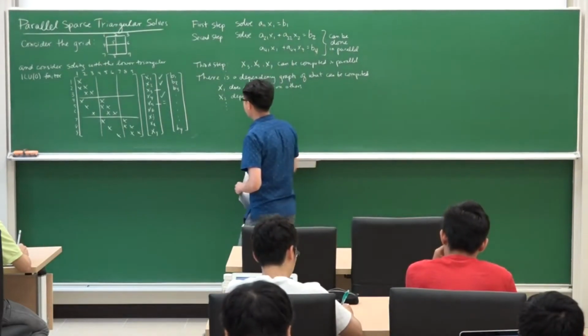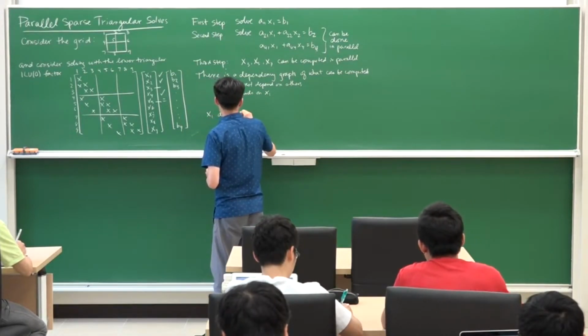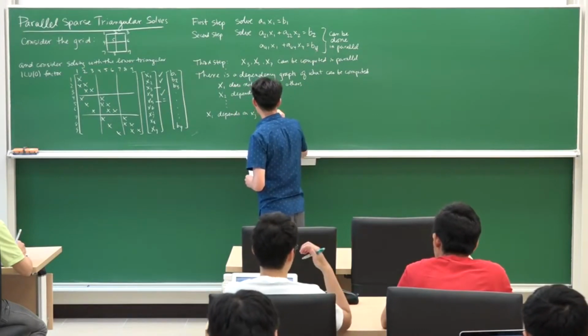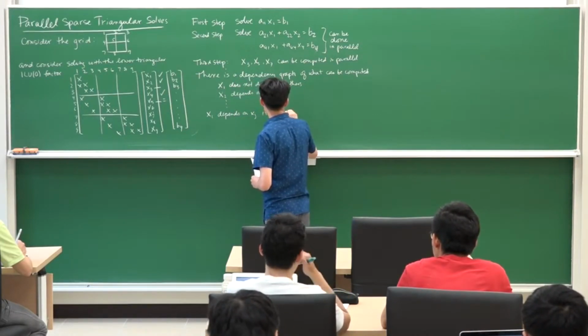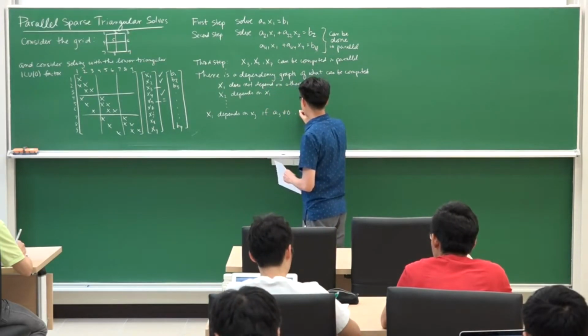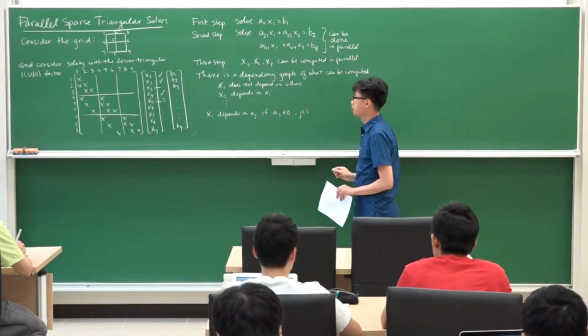So in general, xi depends on xj if aij is not equal to 0 and j is less than i. Okay?